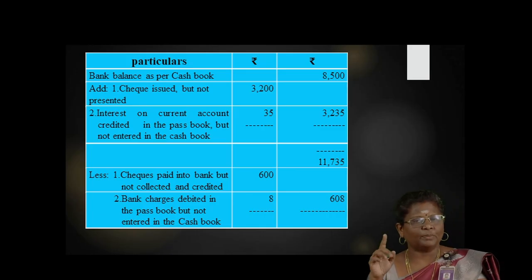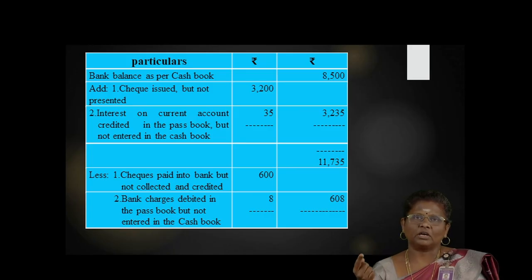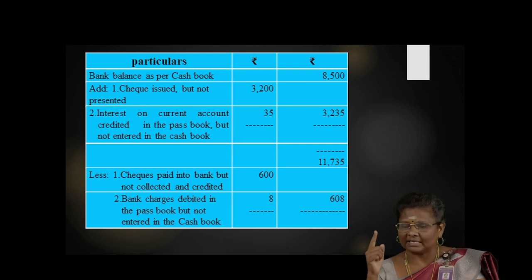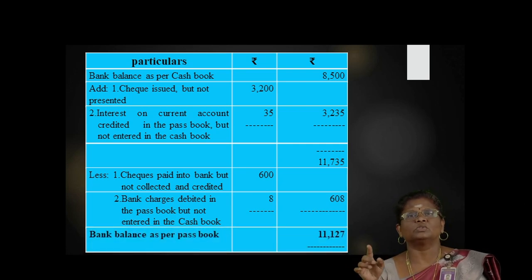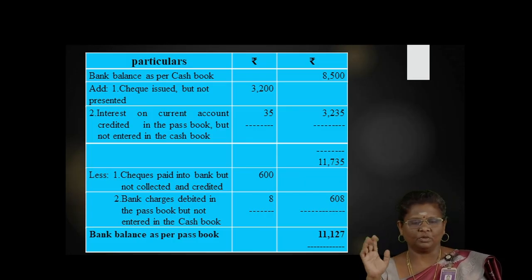So the 8 rupees is also deducted. So add these 600 and rupees 8, put it in the outer column, and deduct that amount from the 11,735. So the final balance is 11,127. That is the balance as per passbook.